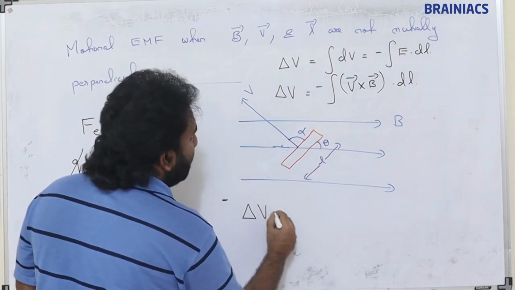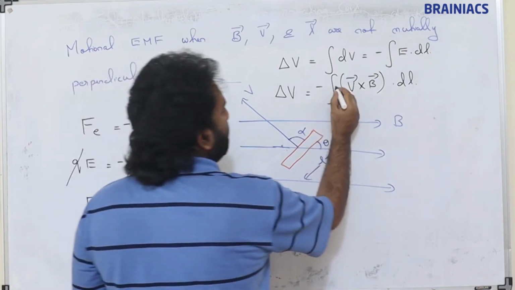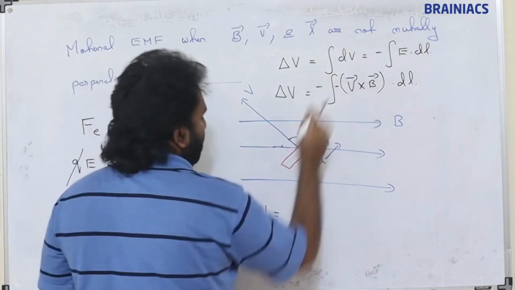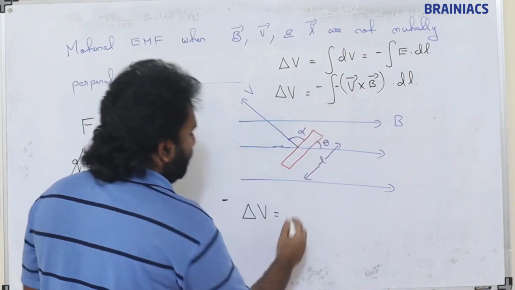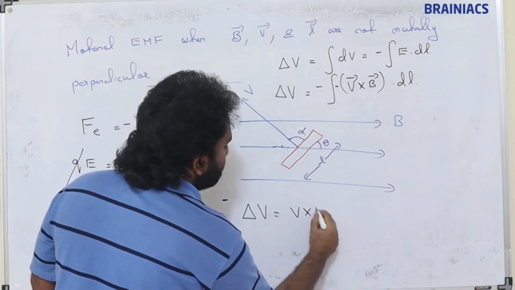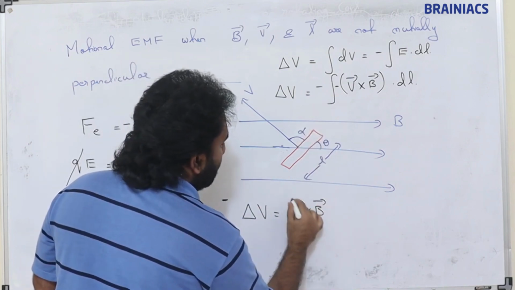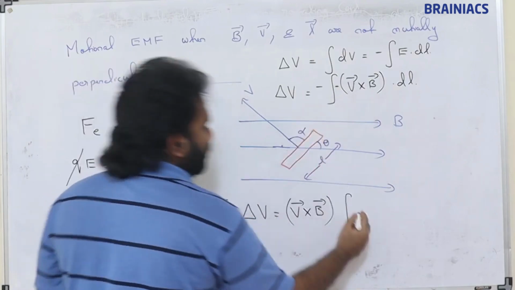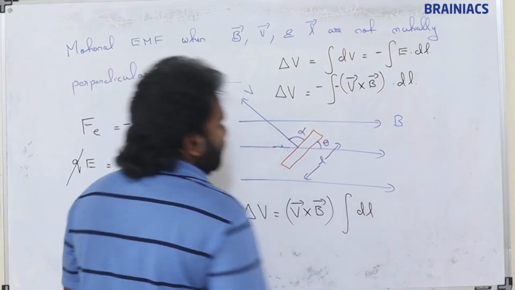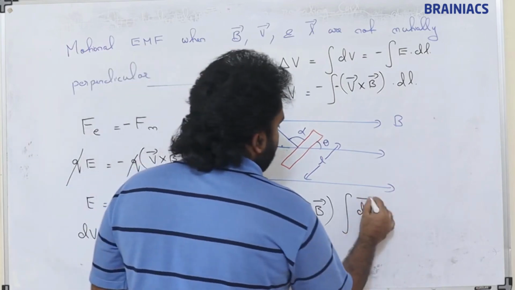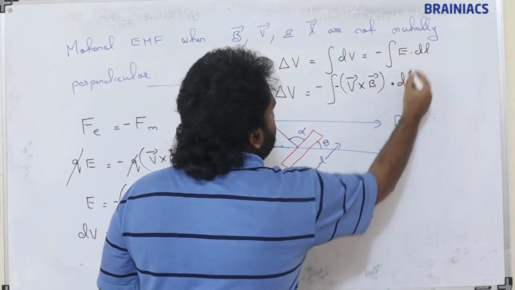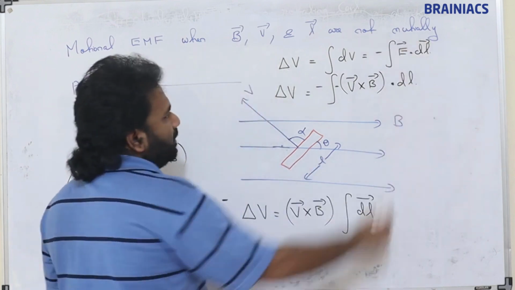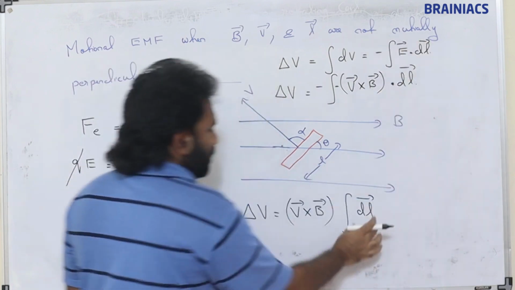So this delta V is equal to, here there was a negative, this negative will come here so that it becomes positive. I could write V cross B, and these are constant, so I took them outside the integral of dl. So the integral of dl is also a vector.